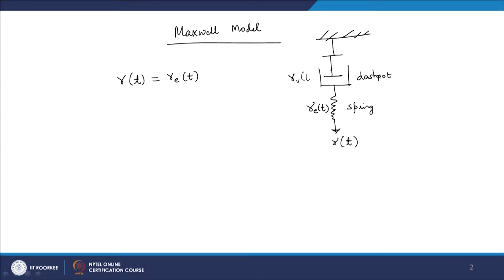I represent the spring with E, which tells it is the elastic part, and the dashpot with V, which tells it is the viscous part. So, the two of them must provide the net shear; if I pull it this way, some of the shear is going into the spring, some of that is going into the dashpot.